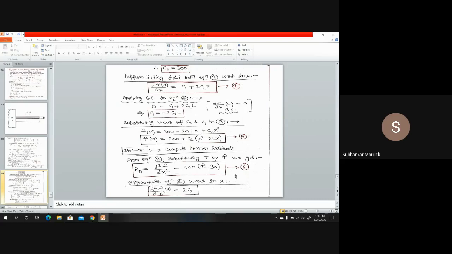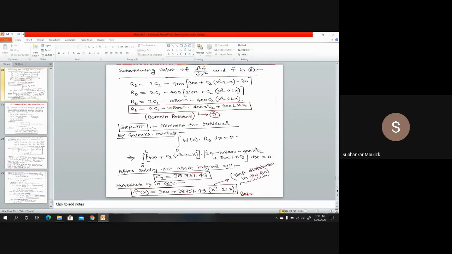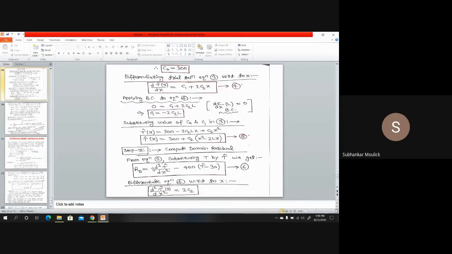Okay. So according to Galerkin method, what I have to do? I have to integrate the product of weighted function, which is nothing but the trial function, with the domain residual. That is, my domain residual is this particular value.